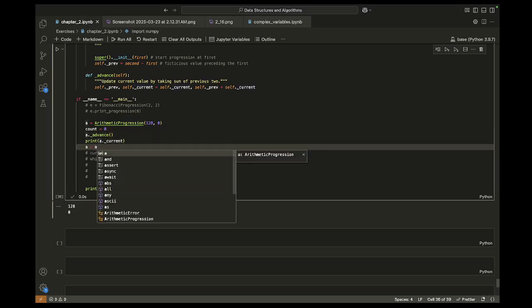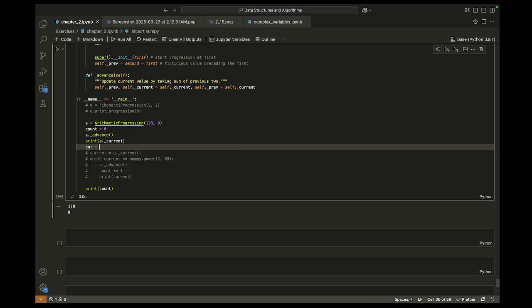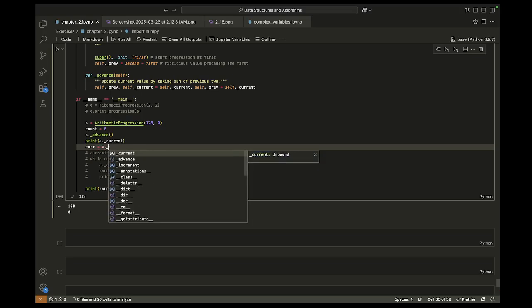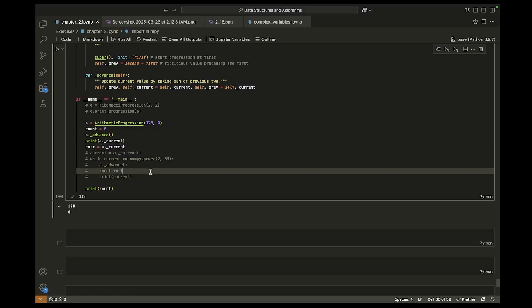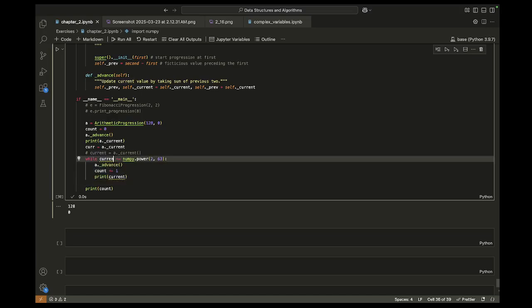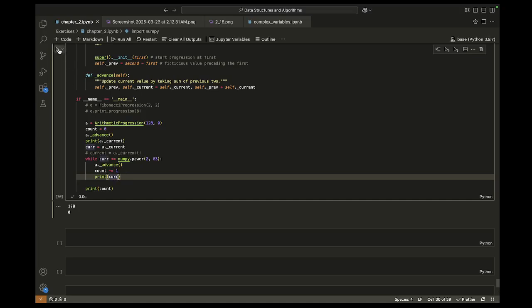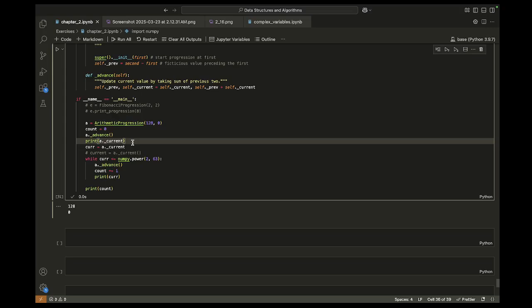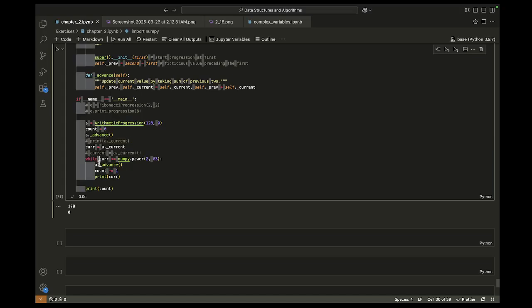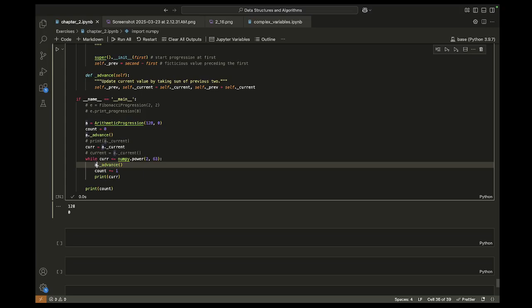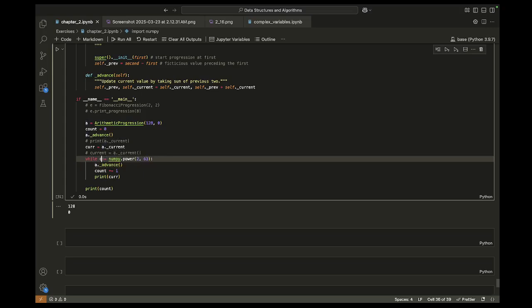Okay, so A equals A, current equals A underscore current. It's just skipping the while loop. This should just be A dot current, honestly.